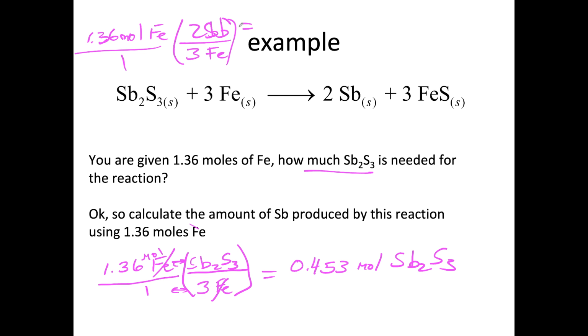You times 2 and divide by 3, and we get 0.906 moles of Sb, of antimony. And that's how you work on these things.